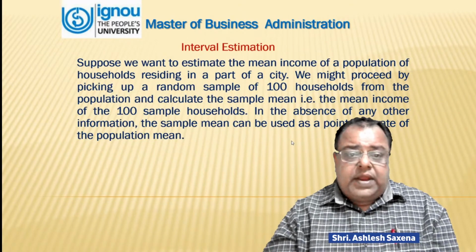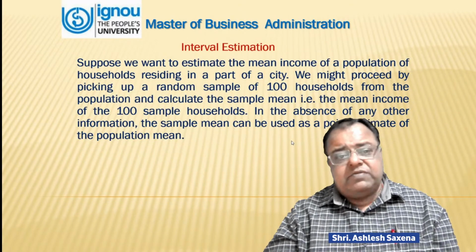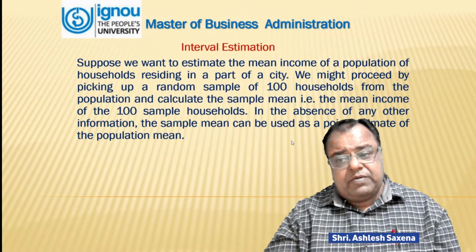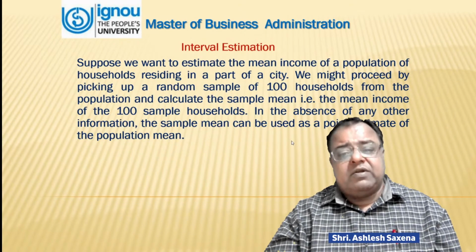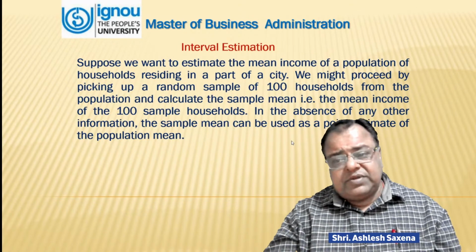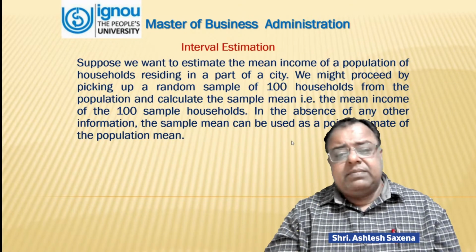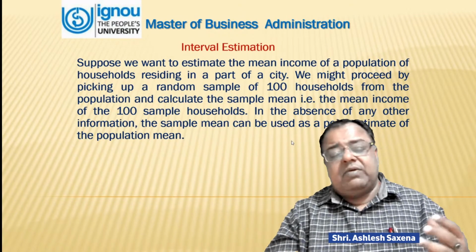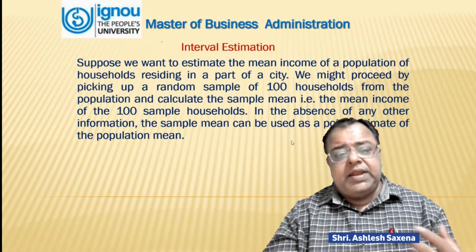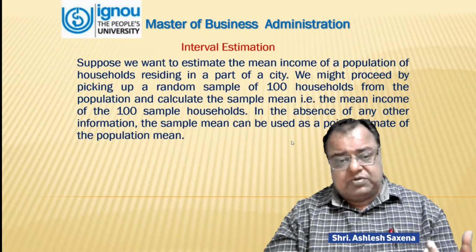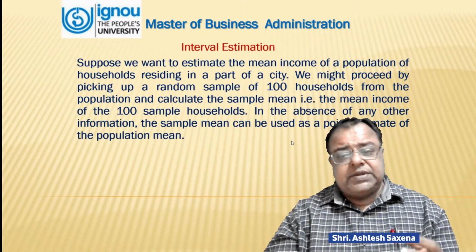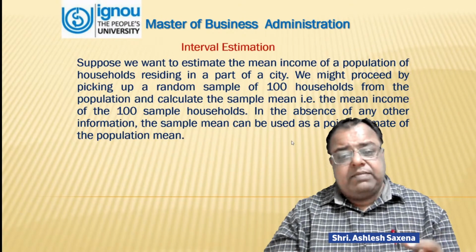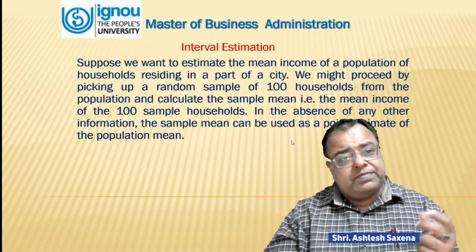Now, interval estimation. Suppose we want to estimate the mean income of a population of households residing in a part of a city. We might proceed by picking a random sample of 100 households from the population and calculating the sample mean, that is, the mean income of the 100 sample households. In the absence of any information, the sample mean can be used as a point estimate of the population mean.